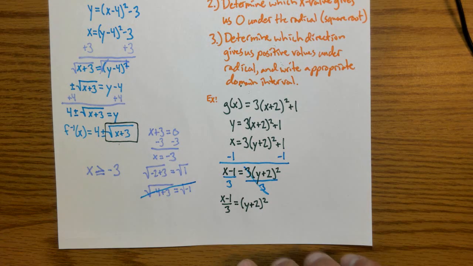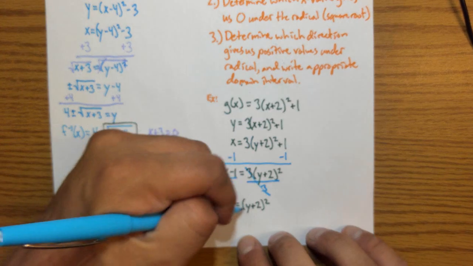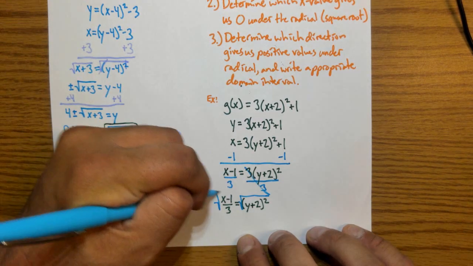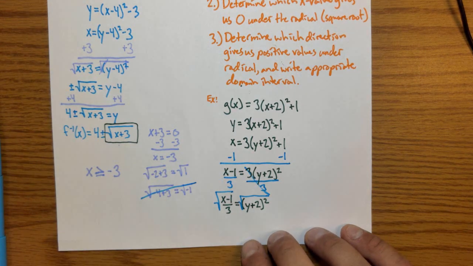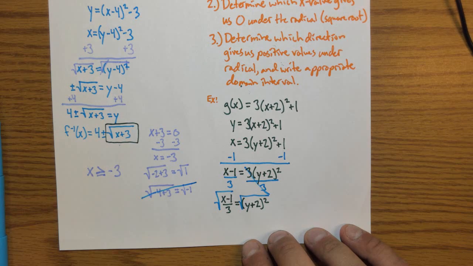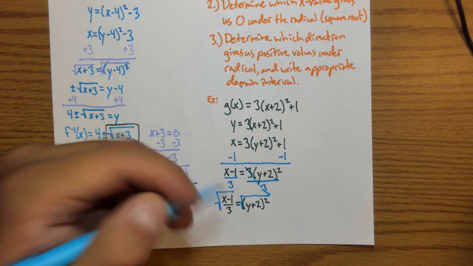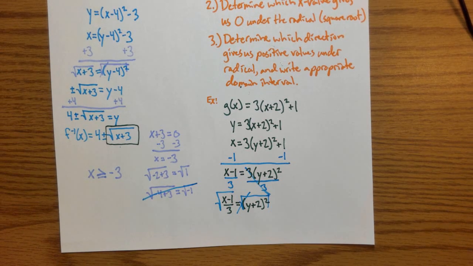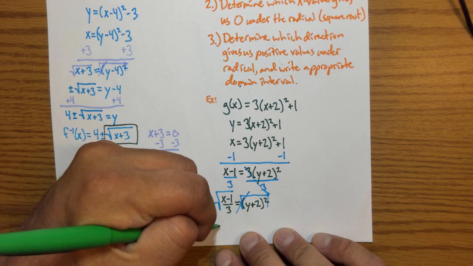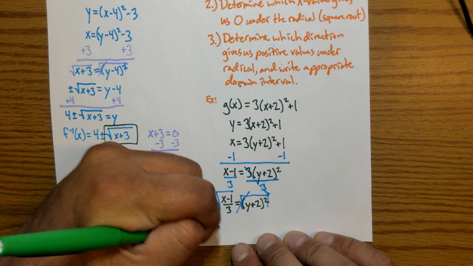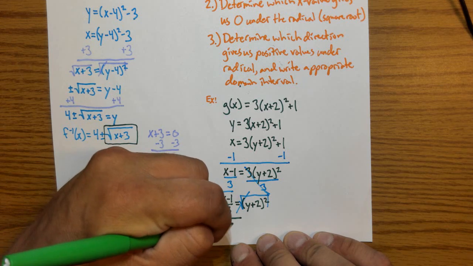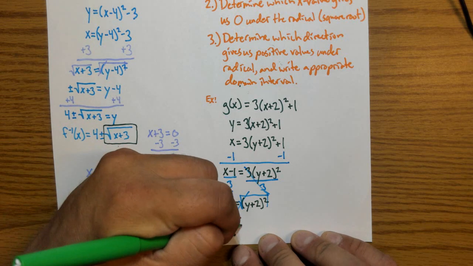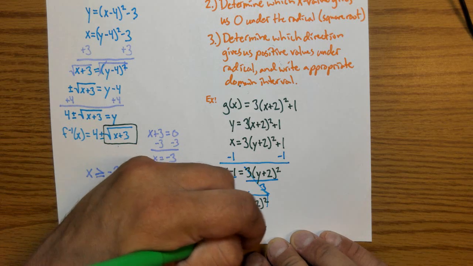And now we can take the square root. So the square root cancels out the square. So we're going to have the square root of x minus 1 over 3 equals y plus 2.